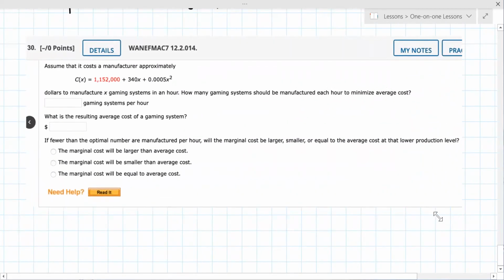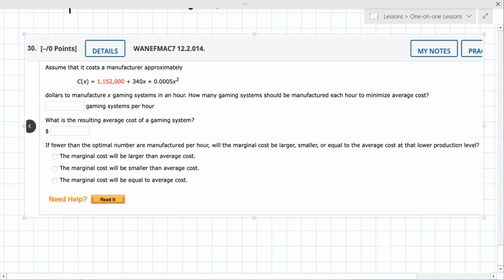So they give you a cost function. They want you to minimize average cost.